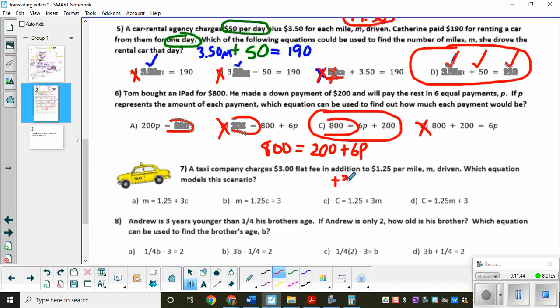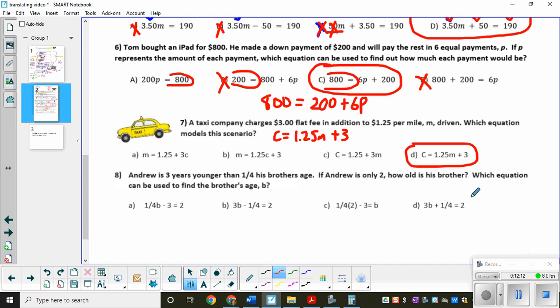You have to pay that no matter what when you get into most cabs. And then it's $1.25 per mile. And that gives us the total cost. So for this one, it's going to be answer choice D. This shows us that it's $1.25 per mile plus the $3 flat fee no matter what. Okay?